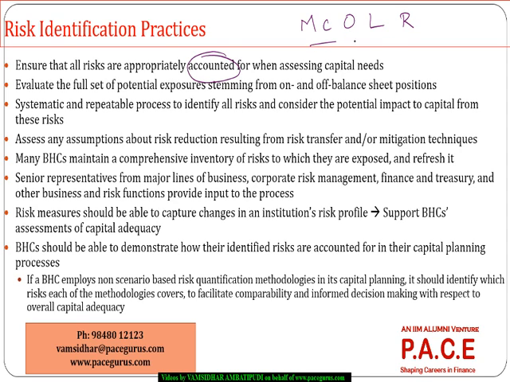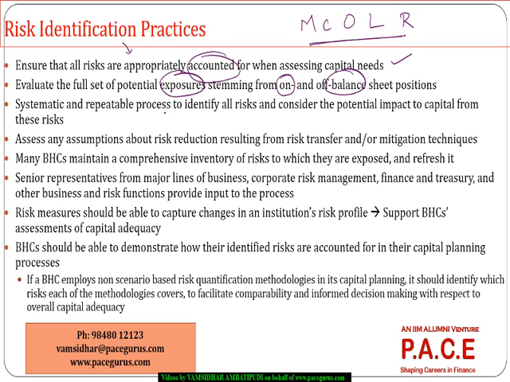You can very well classify different kinds of risks, and you have to ensure that all the risks are appropriately accounted for. First step, so we are not missing out on any of the risks. And identify the potential exposures that are coming out from all these risks. So when I am saying all these risks, I am looking both at on balance sheet positions as well as off balance sheet positions.